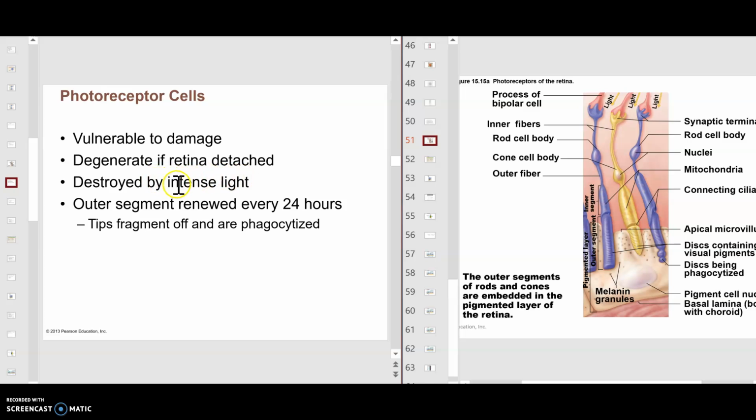They're destroyed by intense light, and the outer segment is renewed every 24 hours, so they do have a good turnover. As we said, these areas are phagocytized by cells within the pigmented layer of the retina.